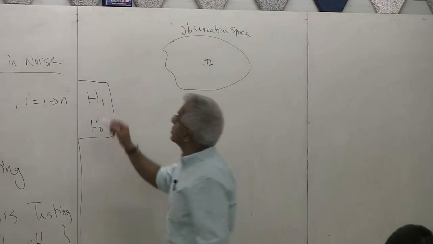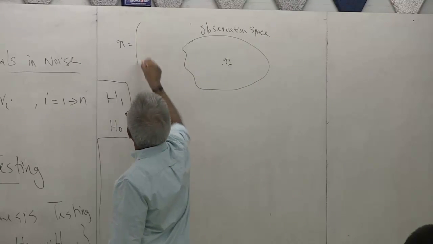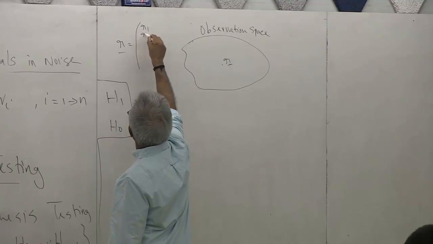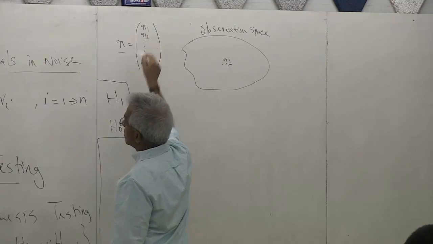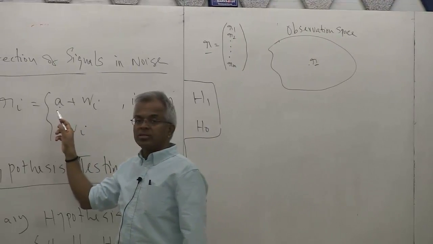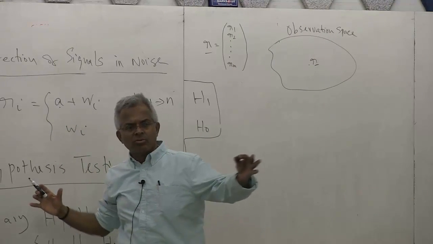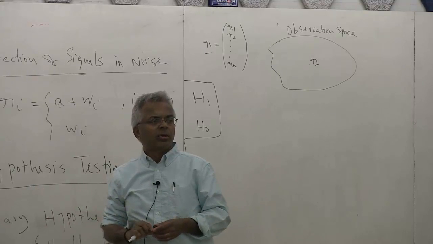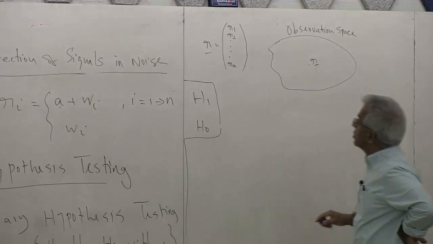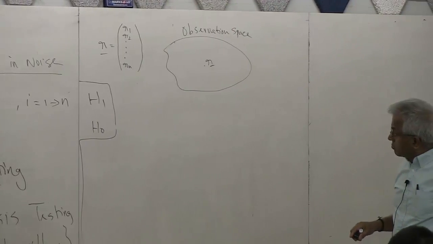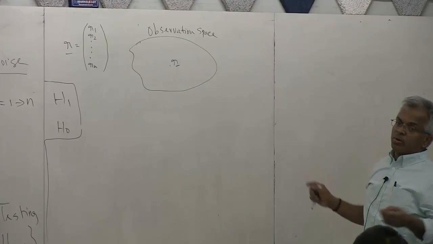So what is R? As I said, you collect all the observations. Remember, all these observations are about the same signal. So it makes sense to use all, you don't want to operate on each data separately, right? You want to use all the data together. And then what do we do?